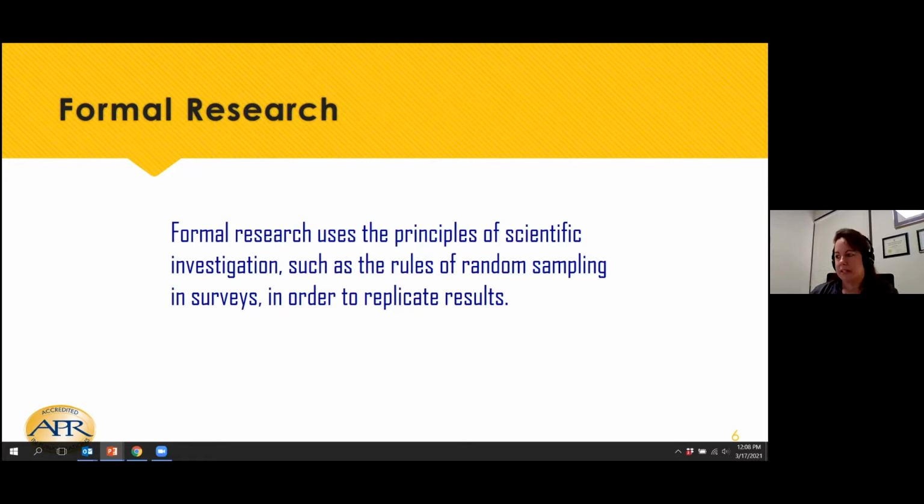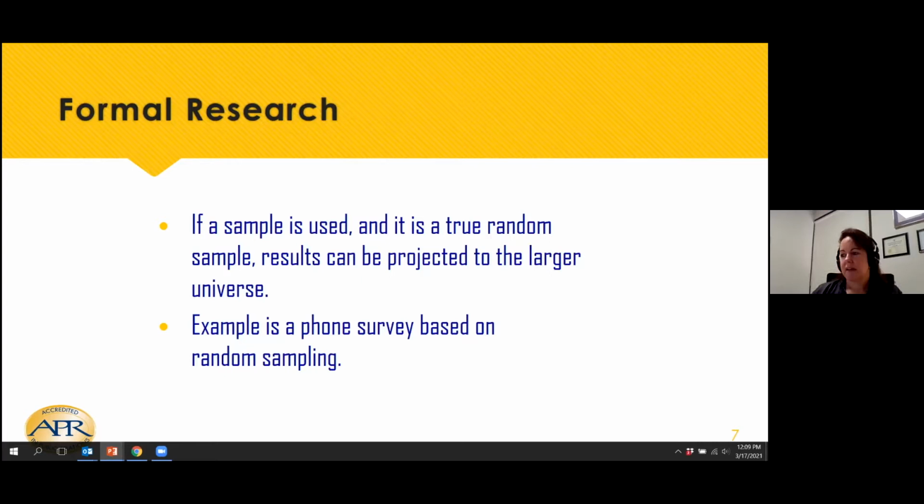So formal research, that would be more scientific in nature. It uses the principles of scientific investigation, such as the rules of random sampling in surveys, in order to replicate results. If a sample's used and it is a true random sample, results can be projected to the larger universe.